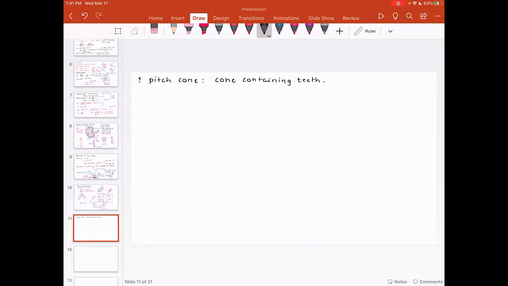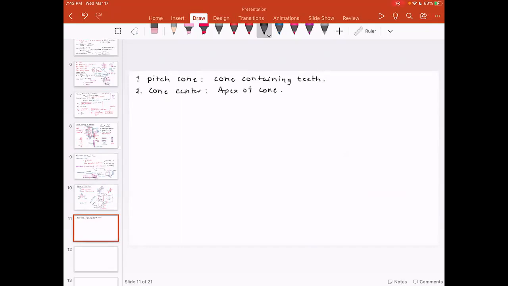It's an interesting machine, so I would encourage you to go on to YouTube and watch a bevel gear cutting machine. It's very informative about how bevel gears are cut. The next thing is the cone center, which is the apex of the cone.